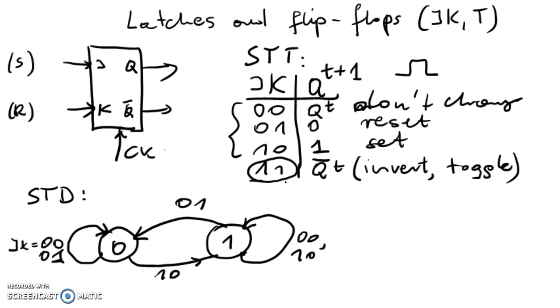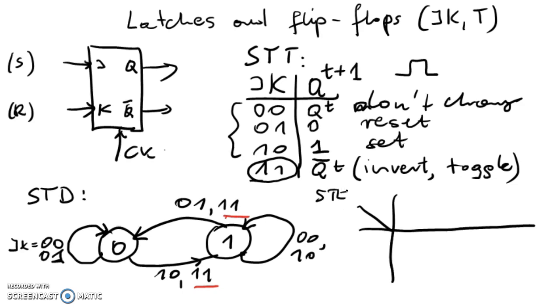And the new thing is 1 1. 1 1 means toggle, so if you are in 1, you get 0, and if you are in 0, you get 1. So you change the state for 1 1. This is new compared to SR. And what about the equation?